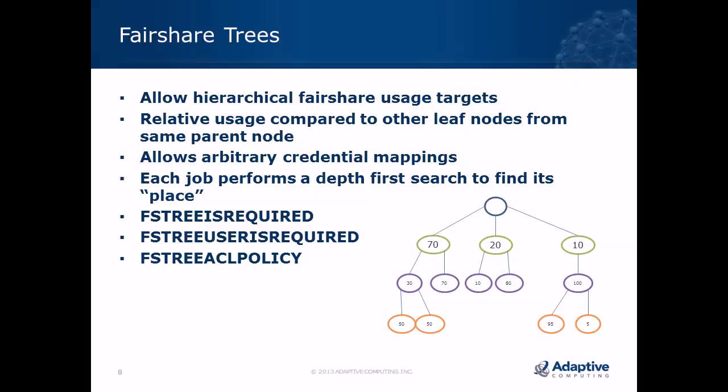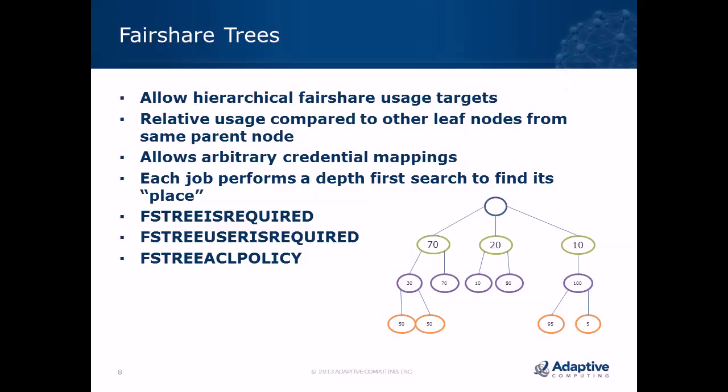You can go one further and say that the fstree user is required. That means I actually have to find the user of the job somewhere in the tree. If you were doing that kind of a policy, then you would need to specify all your users in the leaf nodes of the system. But that way there's no ambiguity as to where the job is going to end up, because it will end up where the user is.